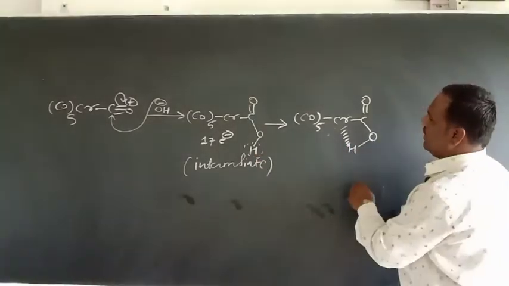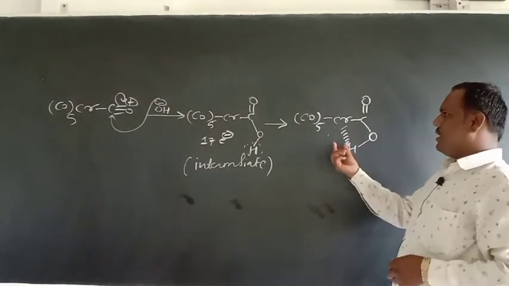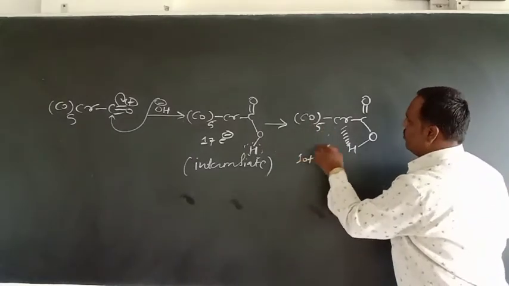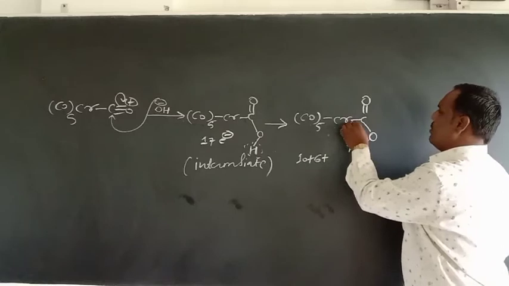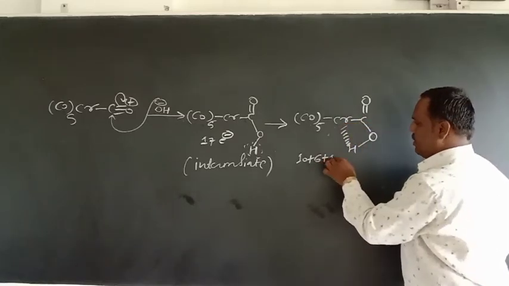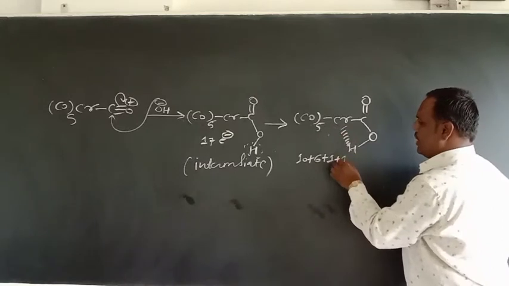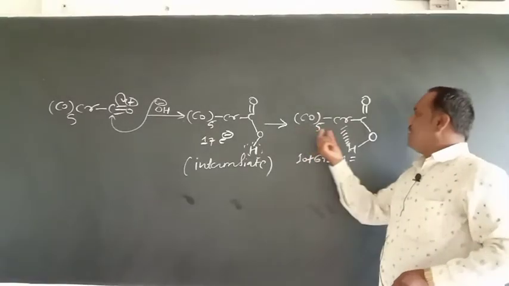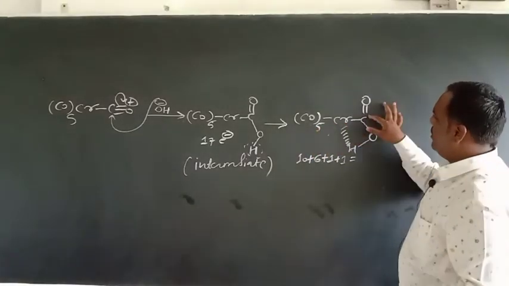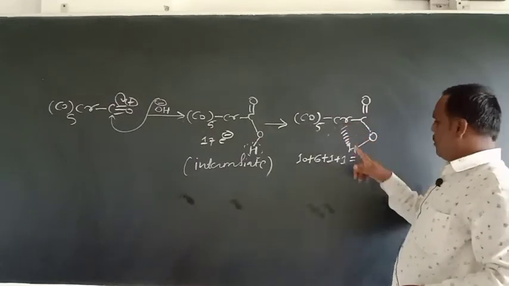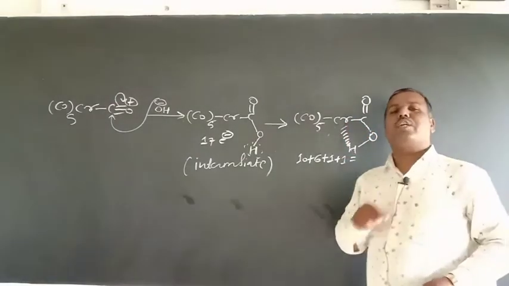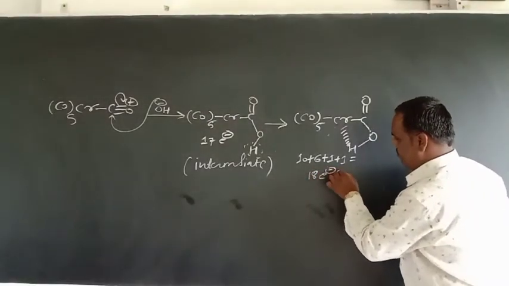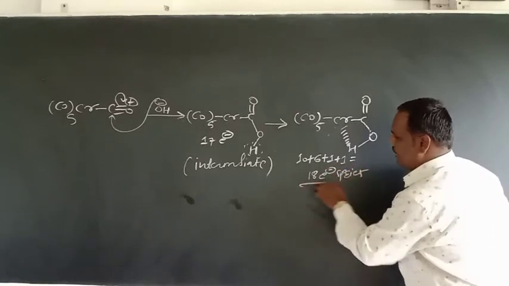If we count the electrons in this species, the carbonyls contribute 10 electrons, chromium contributes 6 electrons, the C double bond O group contributes 1 electron, and this hydrogen also contributes 1 electron to the metal atom, and therefore it is an 18 electron species.